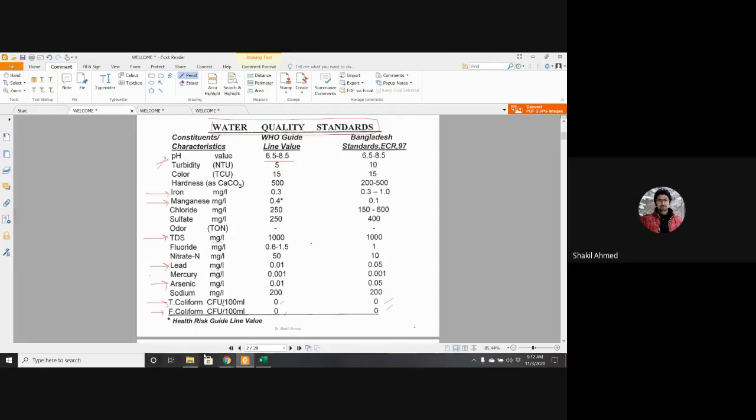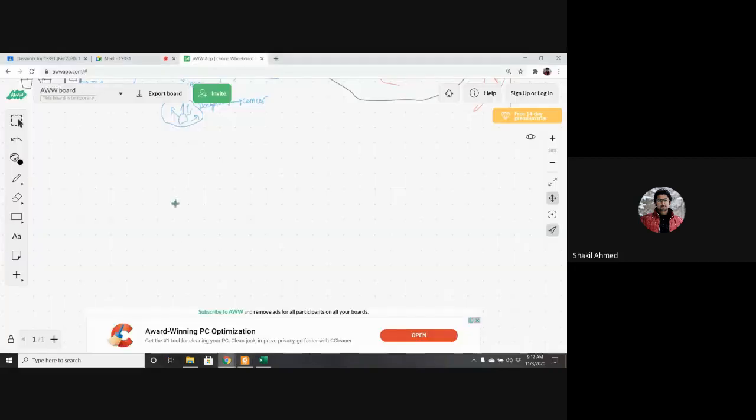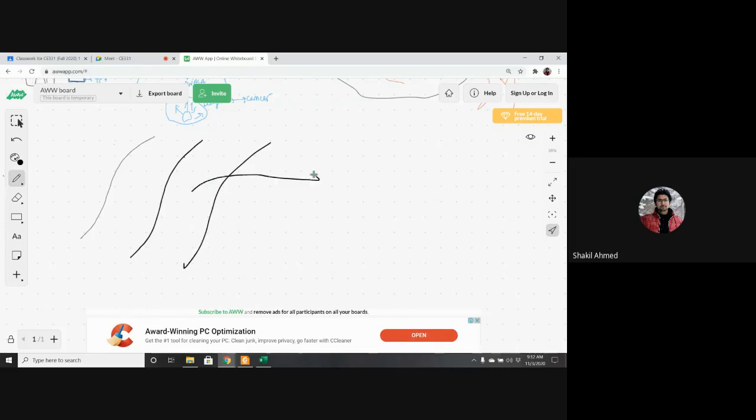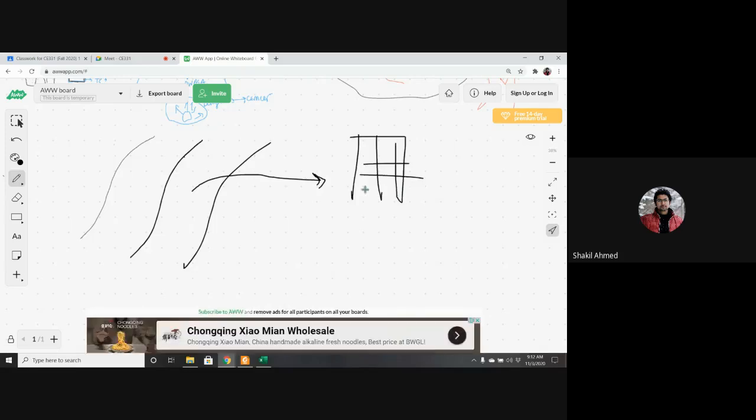As an environmental engineer, you need to supply drinking water to people. You need to bring the water from the river or from the ground, and then supply it to people, to residential areas. Now this water might be contaminated.